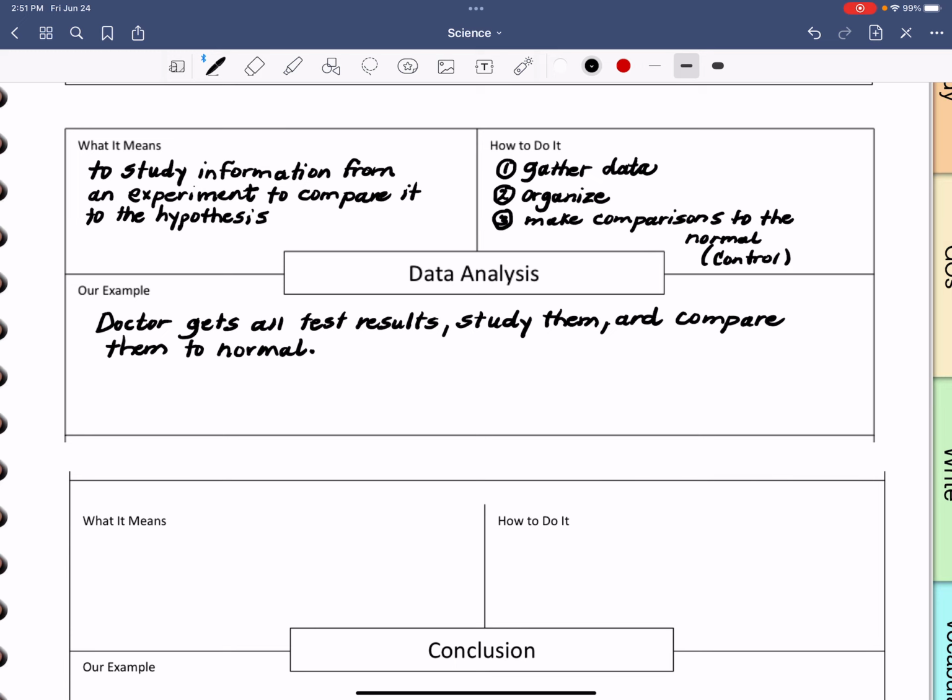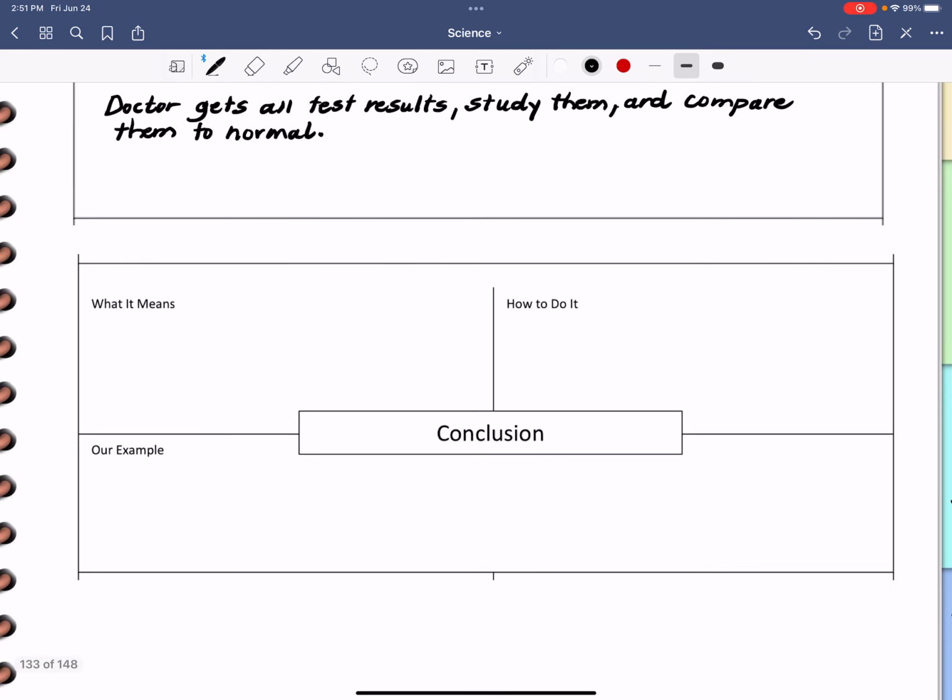And then the doctor will have to decide what his conclusion will be. So conclusion means to decide if your hypothesis is true or false.